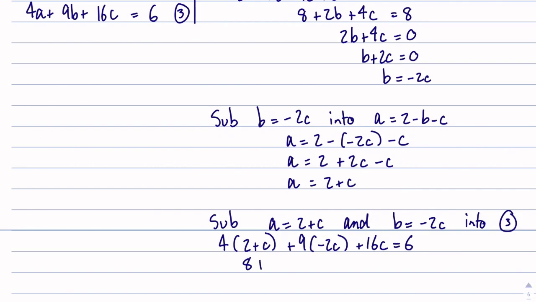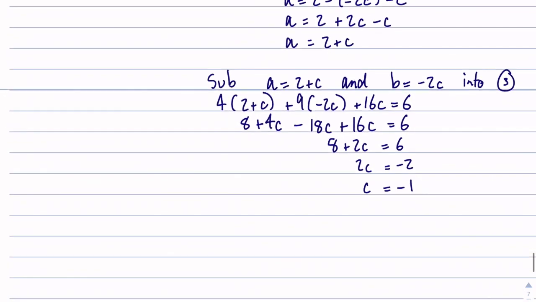So I've got 8 plus 4c, take 18c plus 16c equals 6. 4 take 18, negative 14, plus 16, positive 2. 8 plus 2c equals 6. Subtract 8, 2c equals negative 2. c equals negative 1.